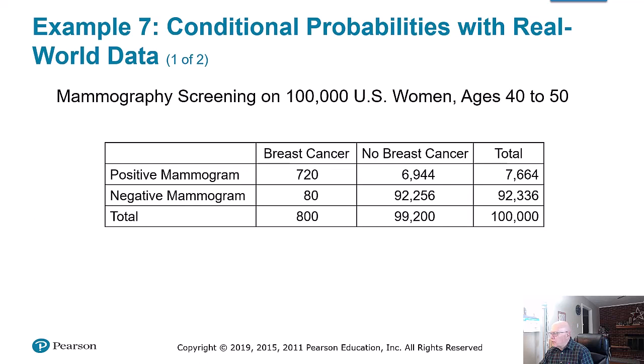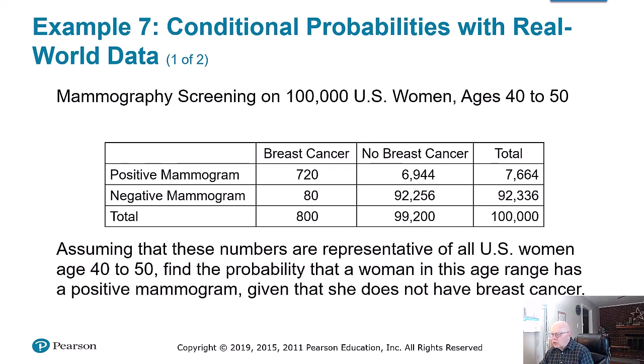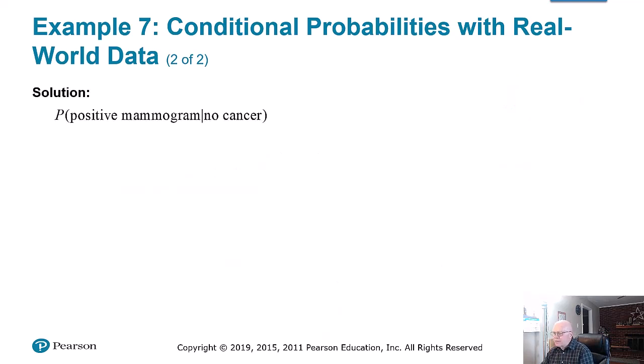So here's the table, and what you want is, assuming these numbers are representative of all U.S. women, find the probability of the woman in this age range, and that's all we've got here, 40 to 50, has a positive mammogram if she does not have breast cancer. Now this is the given. What's the probability for these? In other words, this is what we're looking for.